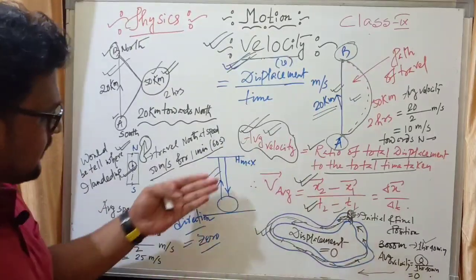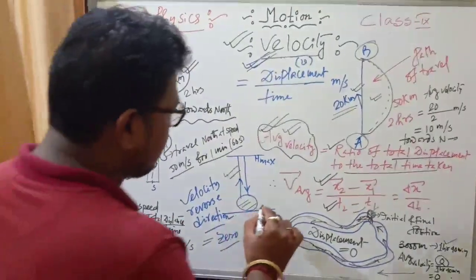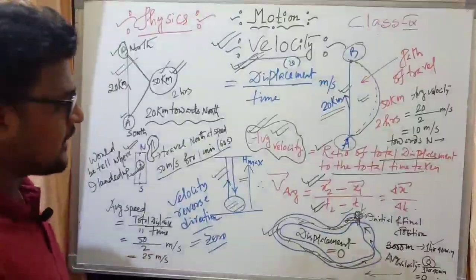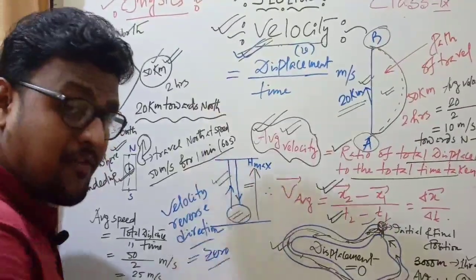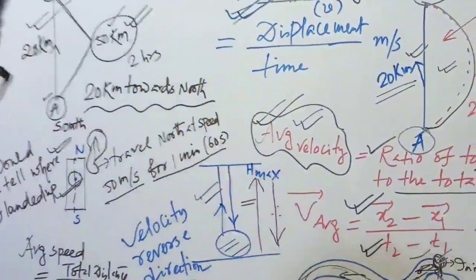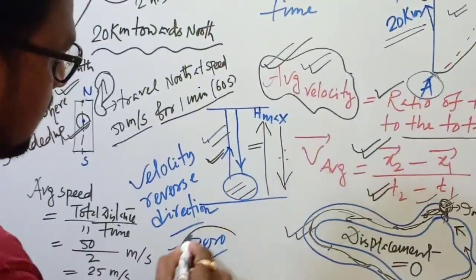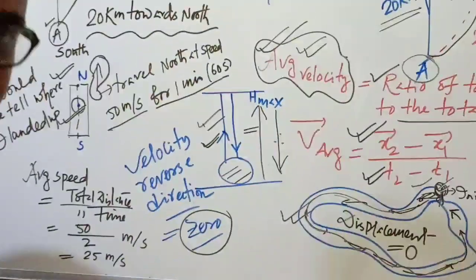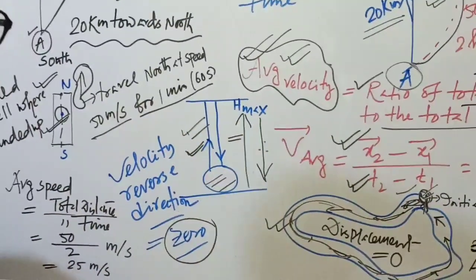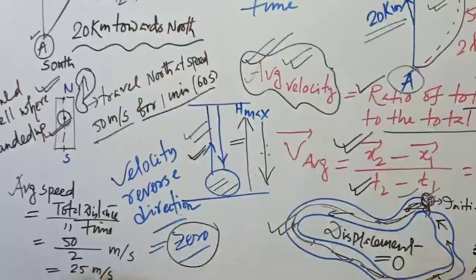If you look at this diagram also, let us take the example of a football. If you hit the ball to the maximum height, due to gravitational force, it again returns back to the surface. So here total displacement is also 0. That means in the opposite direction displacement is always 0 as well as velocity is 0.